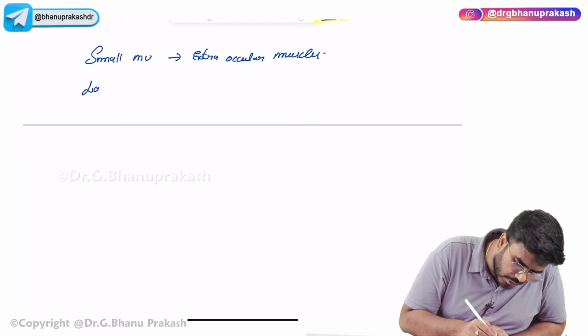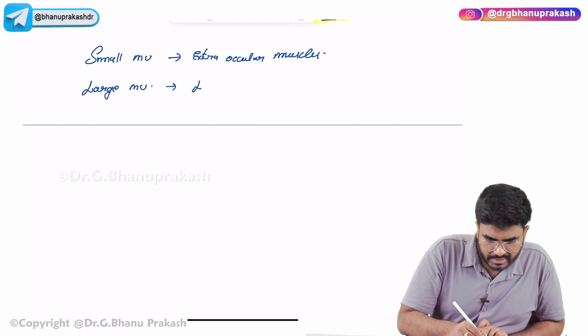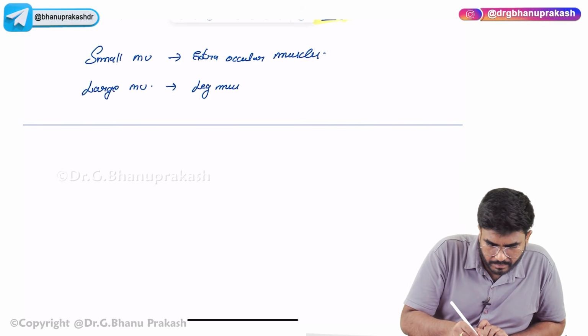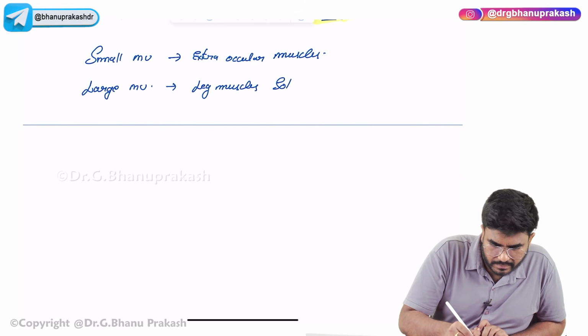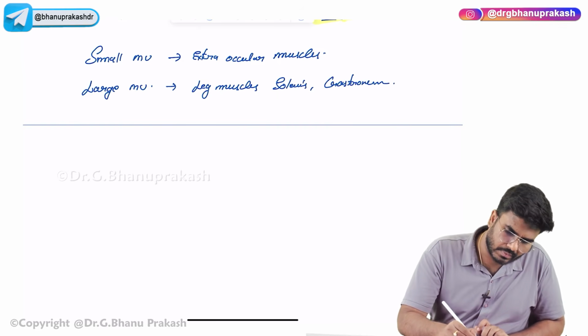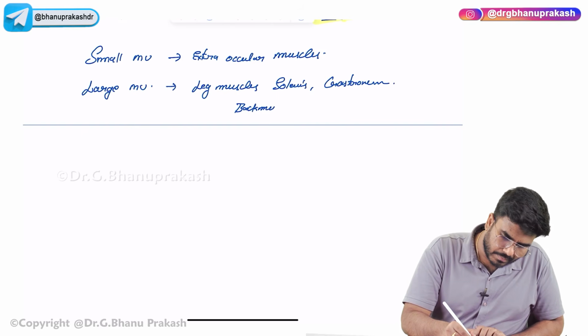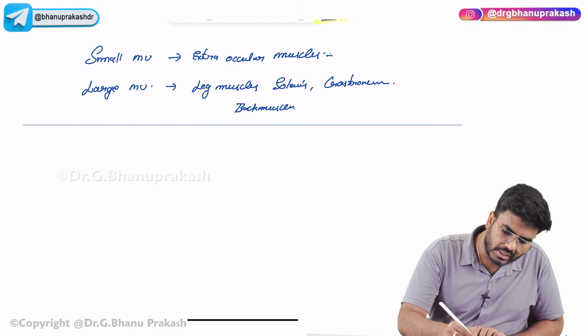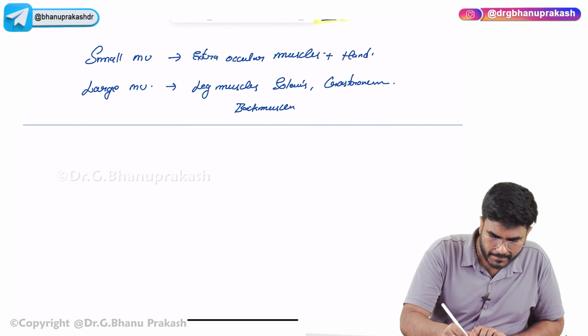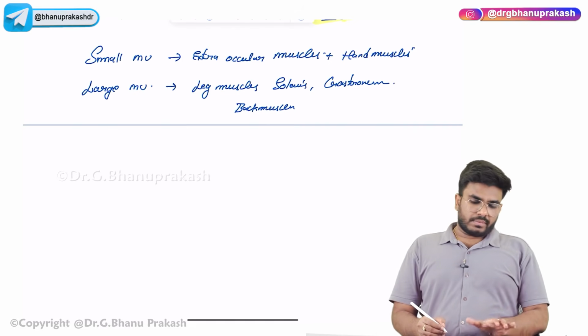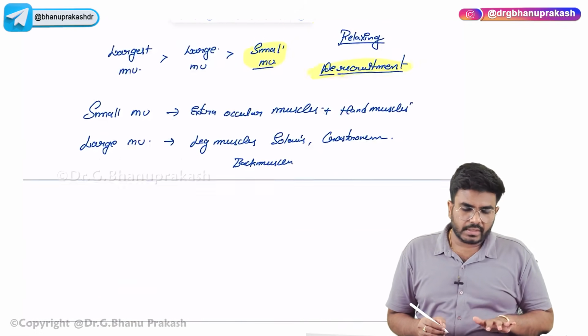Large motor units are present in leg muscles like soleus, gastrocnemius, and back muscles. The small motor units are also present in hand muscles. These are the things which I want you to know regarding the motor unit.